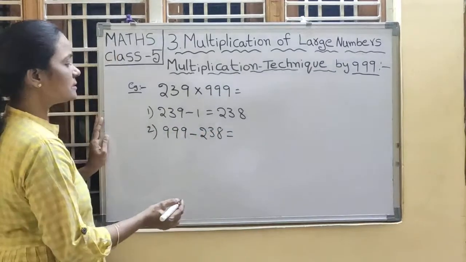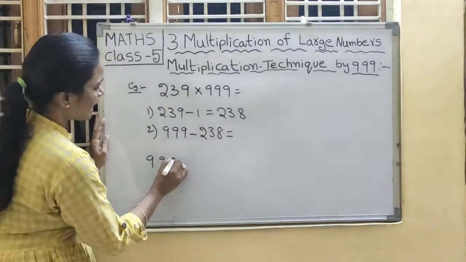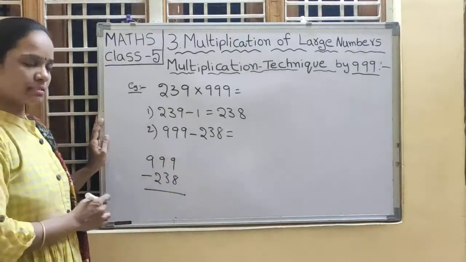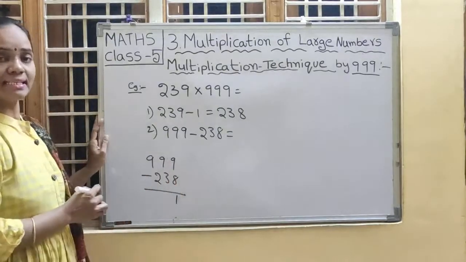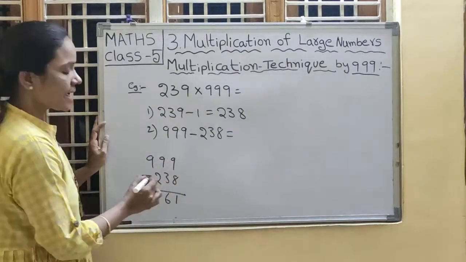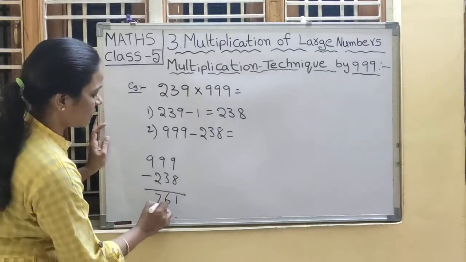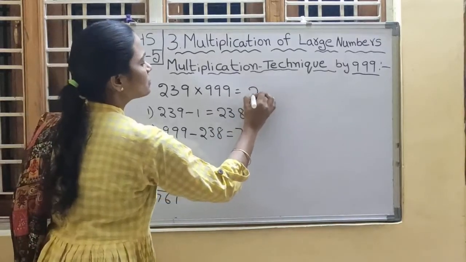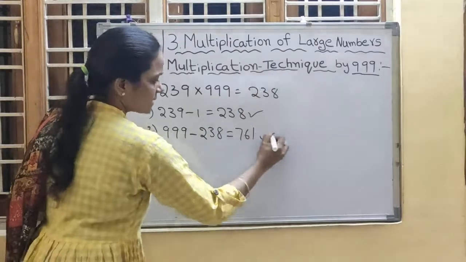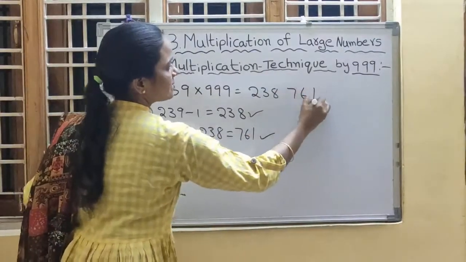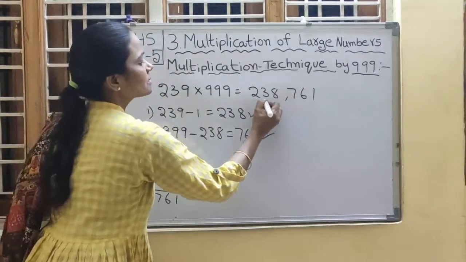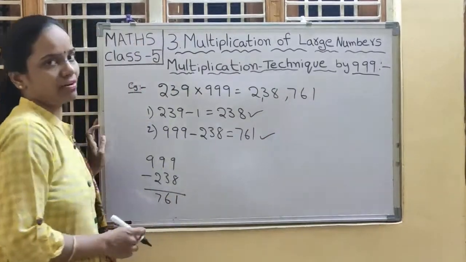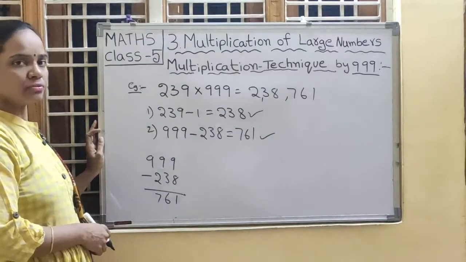What is the answer? 9 minus 8 is 1. 9 minus 3 is 6. 9 minus 2 is 7. So 761. So write down the first number 238. Next write down the second number 761. So put the commas. Very easy. It is 2,38,761. Okay, children, have you understood?